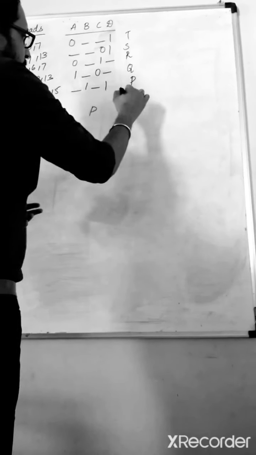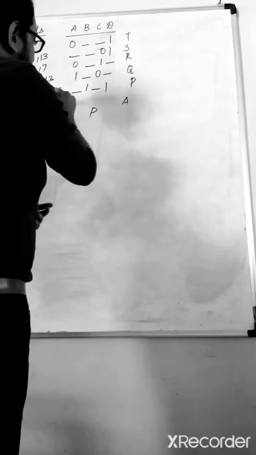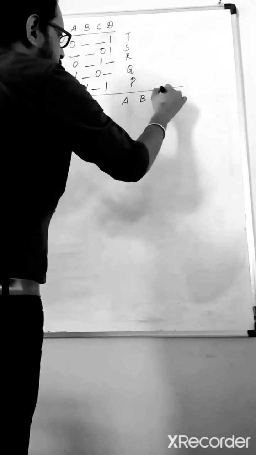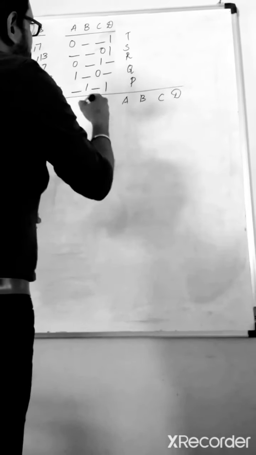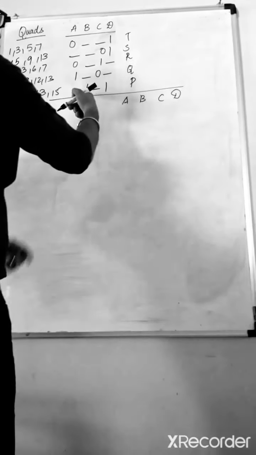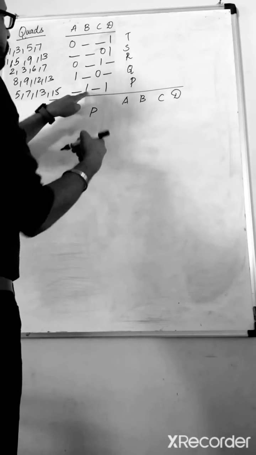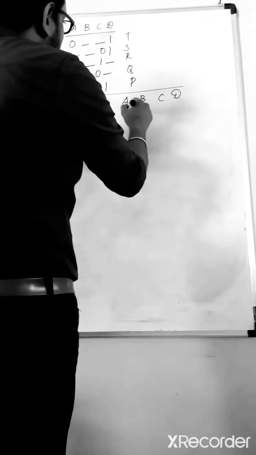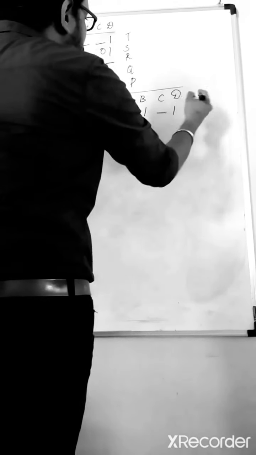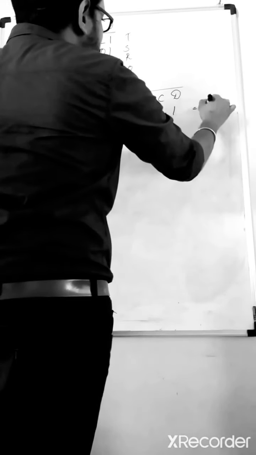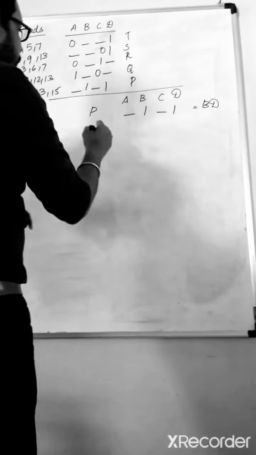P will be, see, dash 1 dash 1. So B is positive, that is dash 1 dash 1. So we get the result B, D, positive.